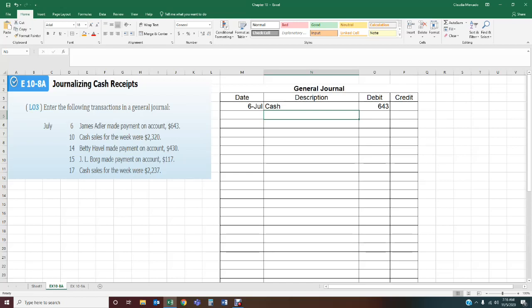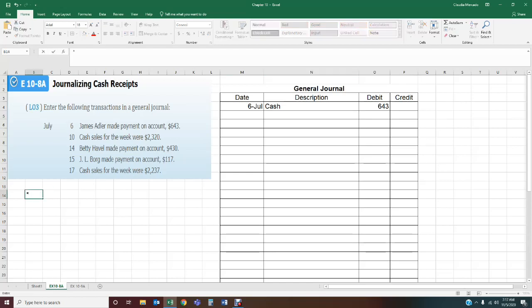Now, James Adler made a payment. What this means is at one point in time, James owed us money. So we set up a receivable from James, saying James needs to pay us $643 in the future. Let me make a little note here on the side.